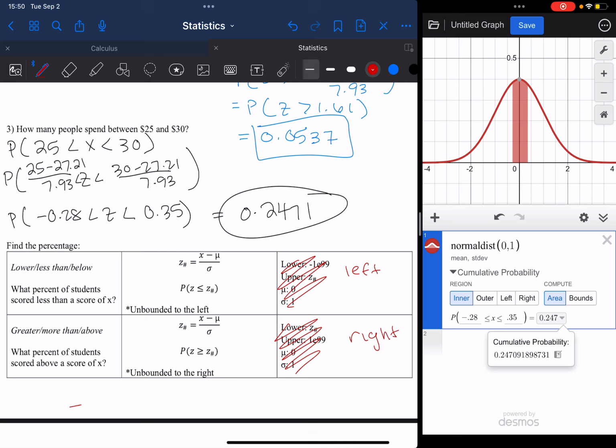That's all this portion is saying here. All of these words mean less than, lower, below, and all of these words mean greater than, more than, above. Indicates if we're going to look at the left or the right side.